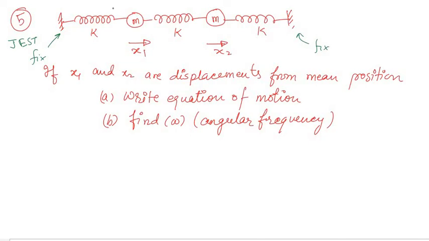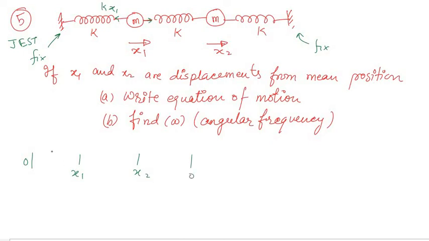So the force in this spring will be, let us say that is x1. So this is k times x1, and this force will be k times x2 minus x1. How I am writing is, I will show you. See, this is your 0 and this displacement is your x1, this displacement is your x2, and this is fixed and I am representing it by 0.